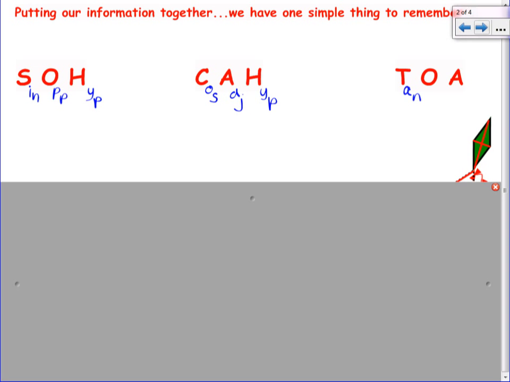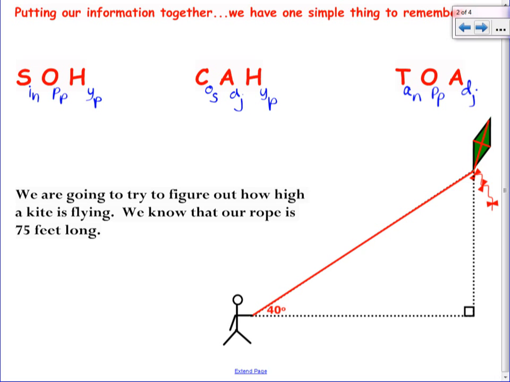Tangent is opposite over adjacent. So that tells you what order the fraction goes in as well. Okay, so looking over here, sine is opposite over hypotenuse. Cosine is adjacent over hypotenuse. Tangent is opposite over adjacent. SOHCAHTOA.